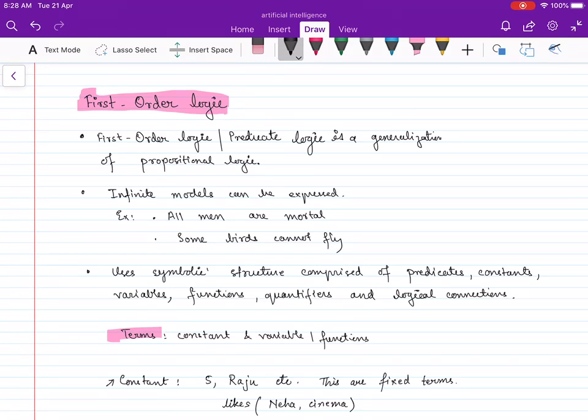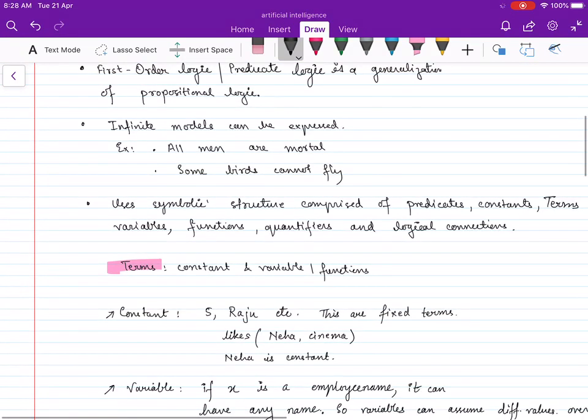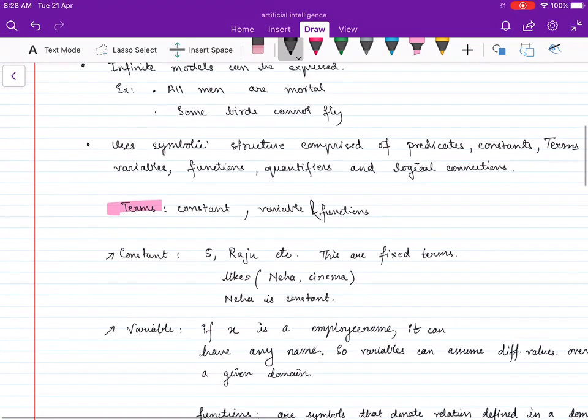So what are terms? It also uses terms. A term is a combination of constants and variables, or constants, variables, and functions. Constants are like 5, Raju, etc. They are fixed terms.